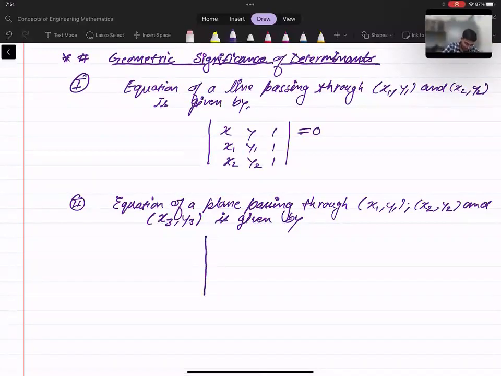This will be x, y, z, 1. Since we are talking about 3D, the coordinates will also be in 3D.